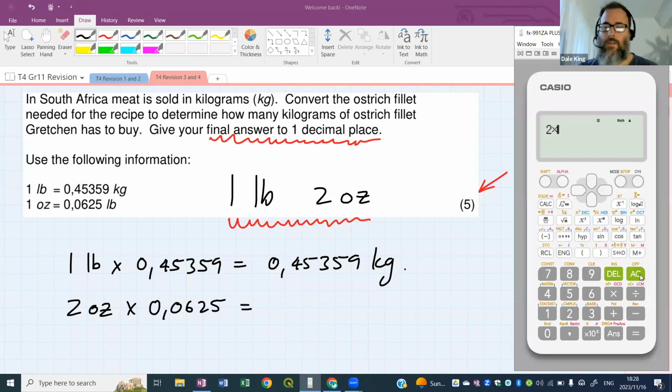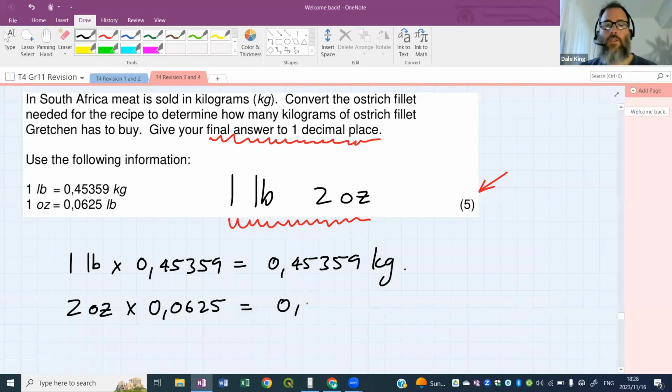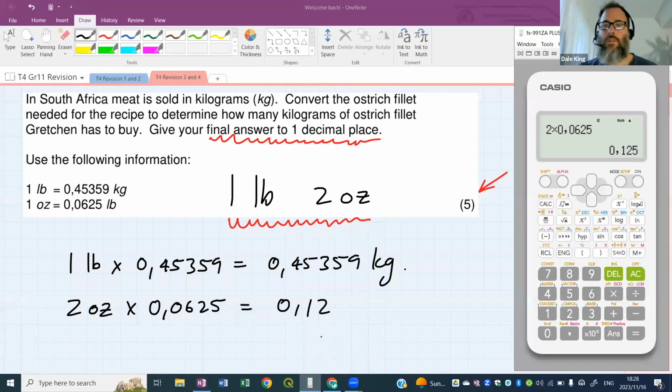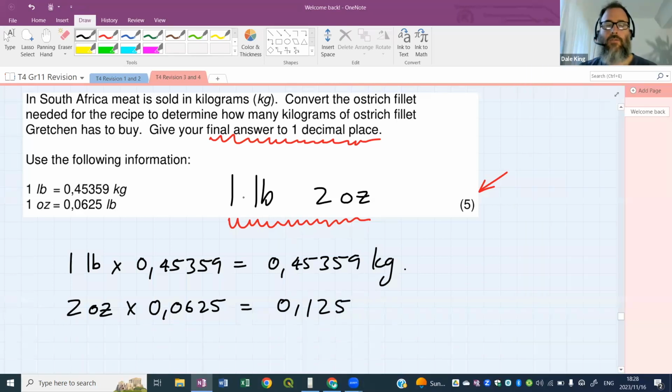And this is why Kia always says show your units, because I'm sure that when you do this and you don't show units, you might think, well, they're both being converted to kilograms, let's add them up.